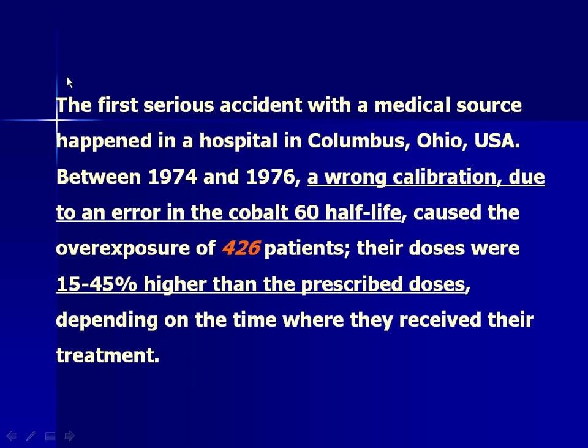machine. So again, this is a funny QA issue because cobalt obviously decays at a certain rate, and you would just assume it's being decayed at a certain rate. This person did not do any monthly output check, for instance, or even yearly.